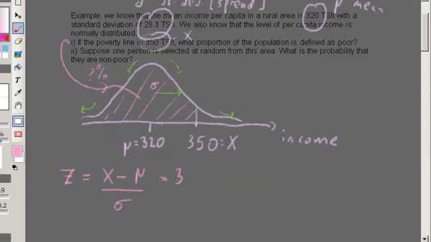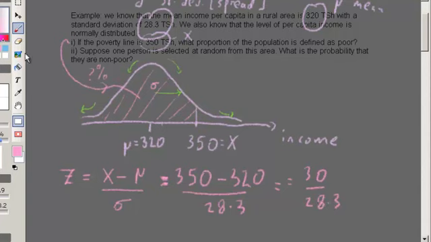So it's 350 minus 320, all divided by 28.3, which is 30 over 28.3.